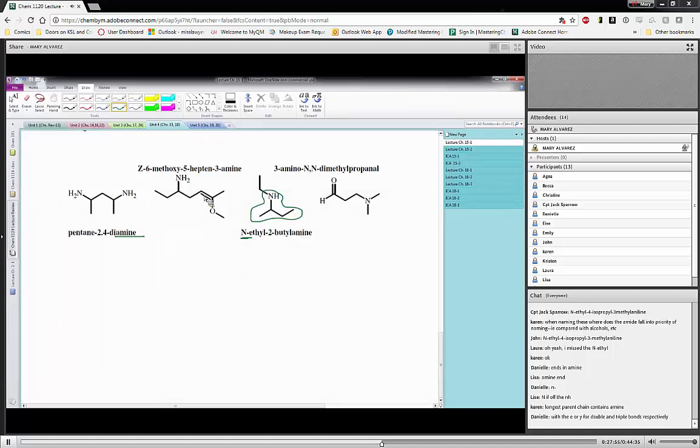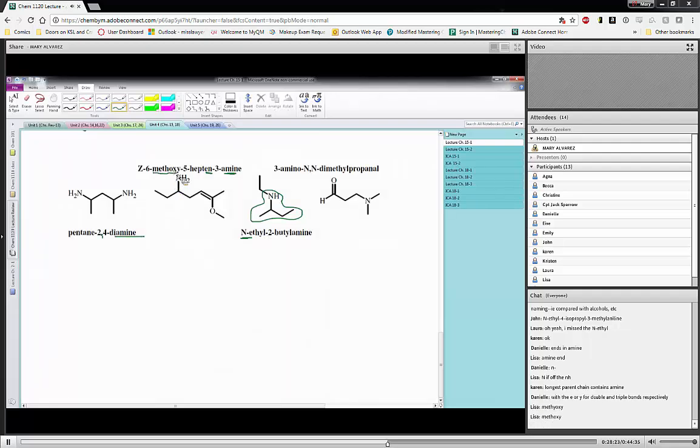If I've got an alkene and an amine, we still stick both of those in the suffix. Excellent. Anything else? Should be a comma. This is the way that we're going to name our ether, right? So no surprises there, because ethers don't take any priority.